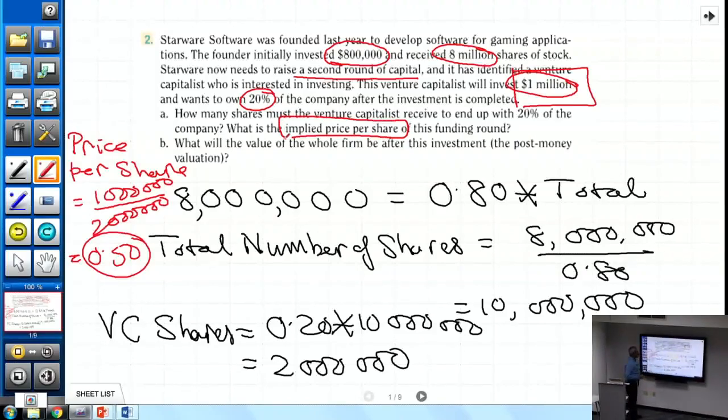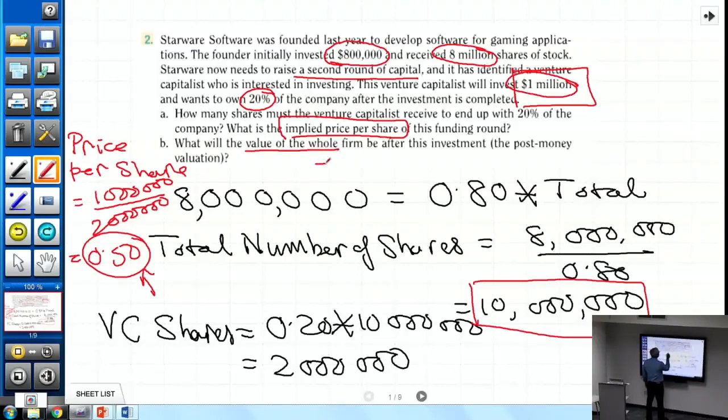What will be the value of the firm after this investment? So now there are 10 million shares outstanding at 50 cents per share. So value of the firm is going to be 10 million times 0.5 would be 5 million.